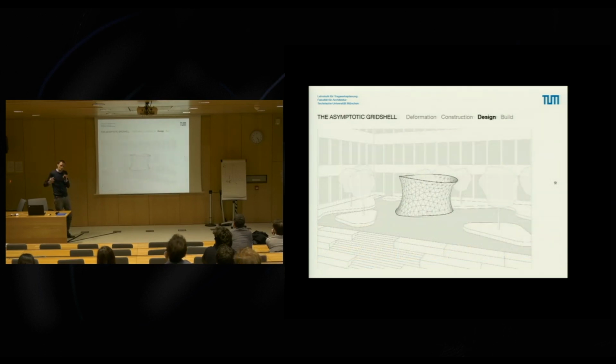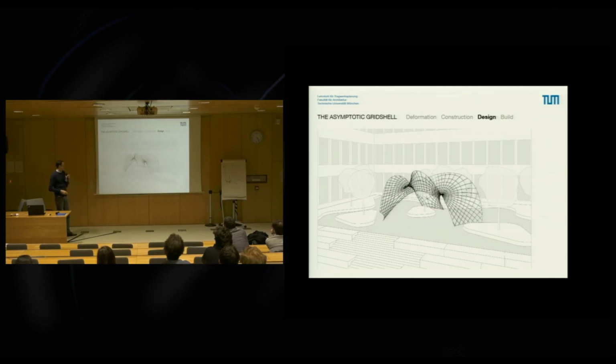So with these constructive and geometric methods, we started designing. We had this beautiful courtyard, and we designed a freeform surface that would fit nicely into the islands and surround a tree in its center. And then we refined that surface to have minimal surface properties, and built the asymptotic network on that.